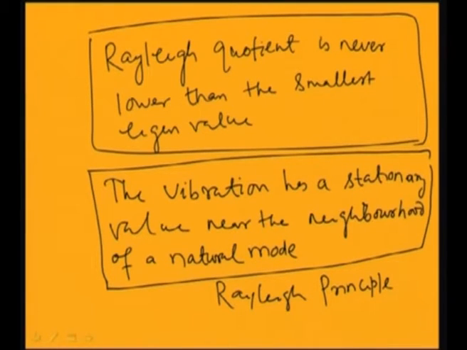In this case you have found this R z or R1 is nearly equal to, or always has a value slightly greater than, omega 1 square. Similarly, by taking a mode equal to the second mode, you can find R2 z equal to omega 2 square, if the vector we have chosen is nearer to the second mode.